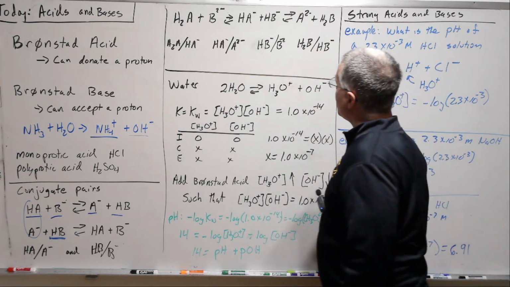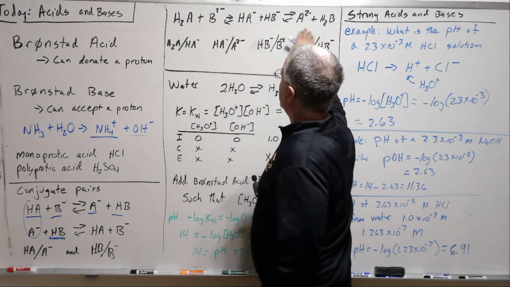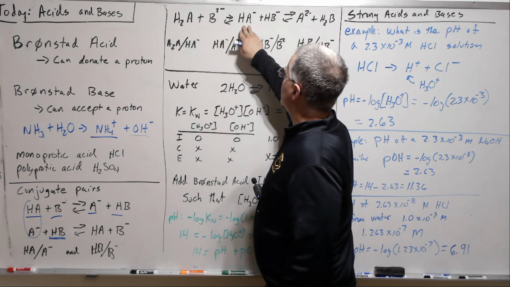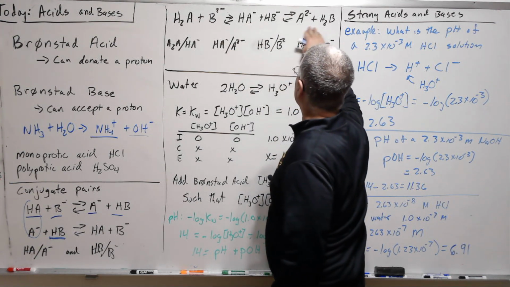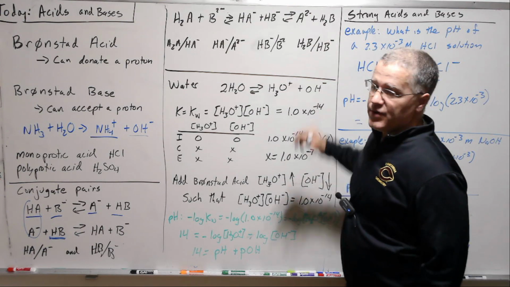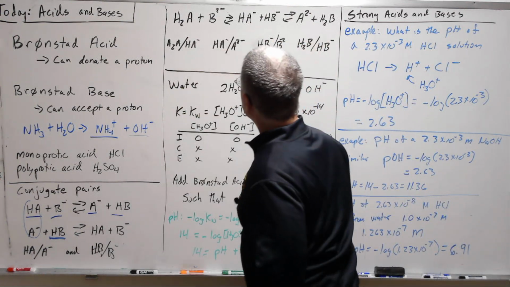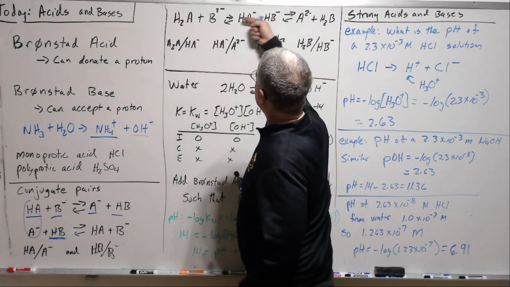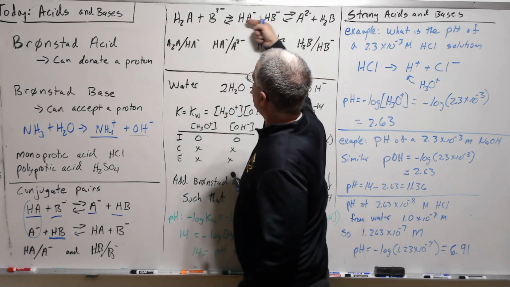All right, polyprotic. With polyprotic acids, we have a series of equilibria. We can lose the first proton, and pick up one proton, and then we can go further and lose the second one. And so we have a bunch of conjugate acid-base pairs here. If this reaction goes backwards, then this is acting as a base for this part of the reaction.